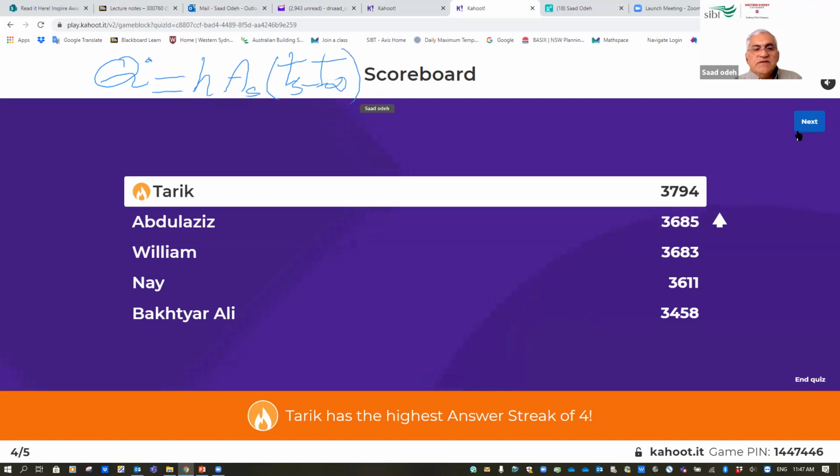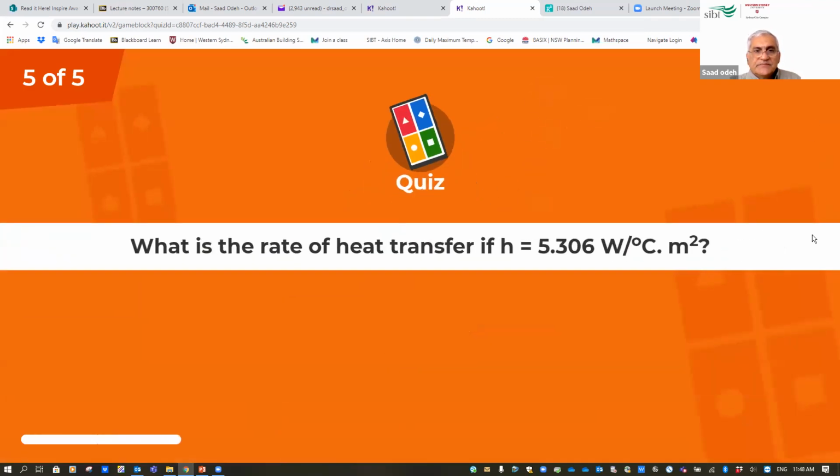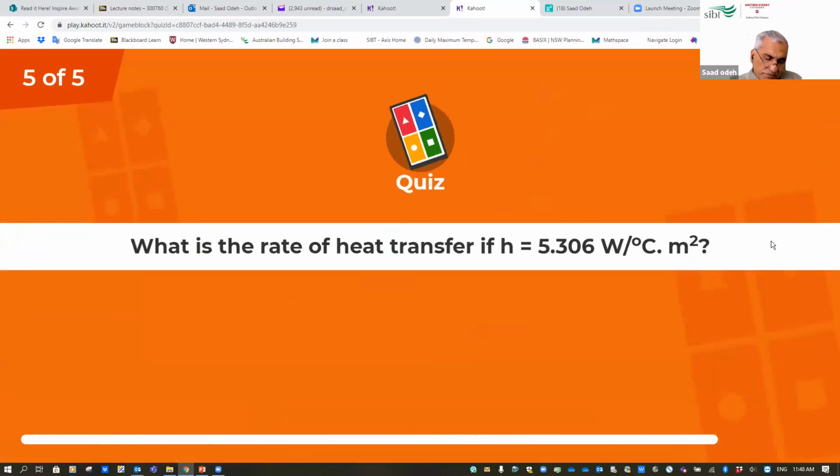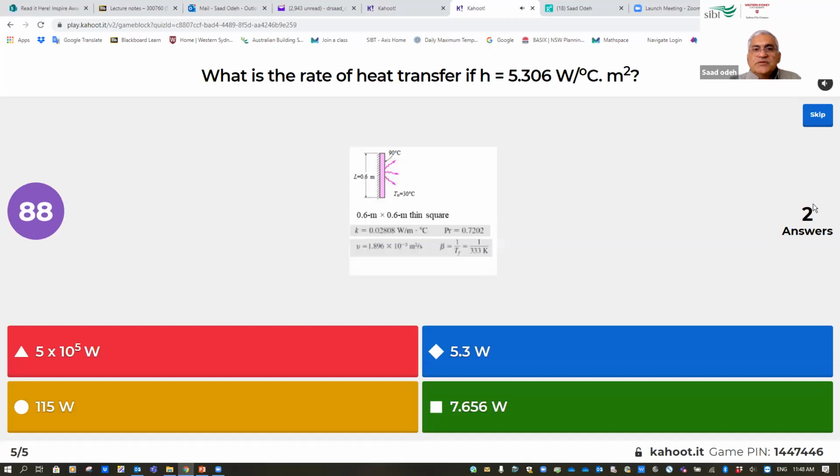All of these values are already known, so you can find Q dot easily. The next step is to find Q dot. What is the rate of heat transfer? H is already given.